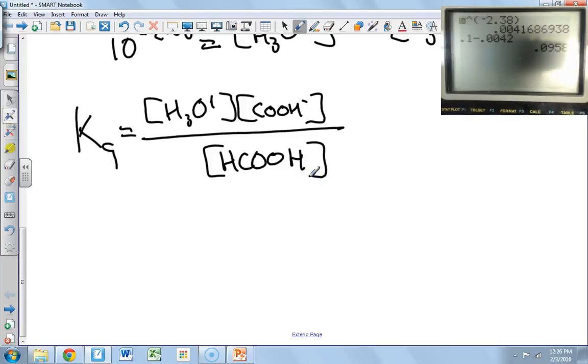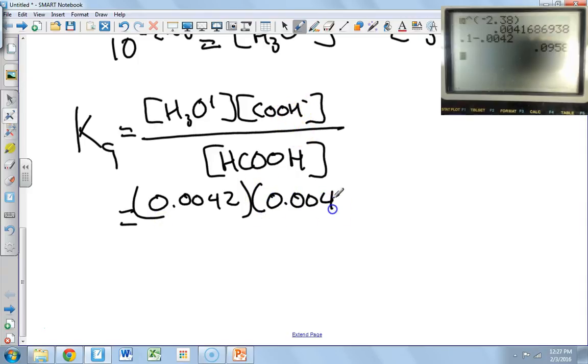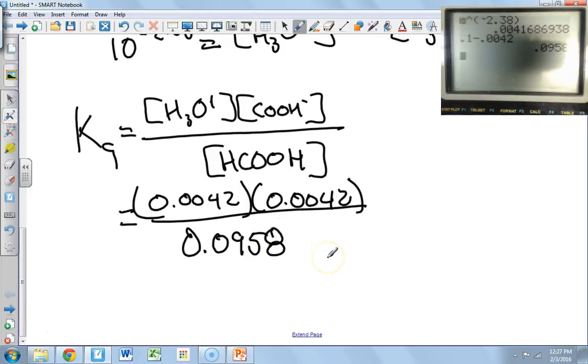And this is calculated using the equilibrium values. So the equilibrium concentration of this is 0.0042. The equilibrium concentration of that guy is 0.0042. The equilibrium concentration of this guy is calculated, I have it calculated right there, so that's 0.0958.